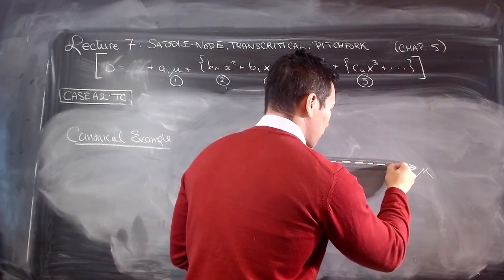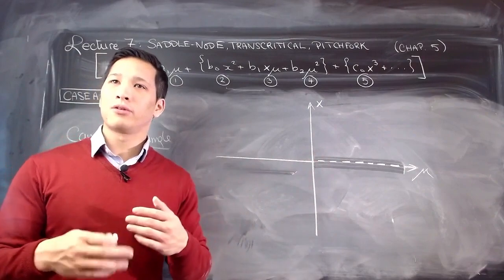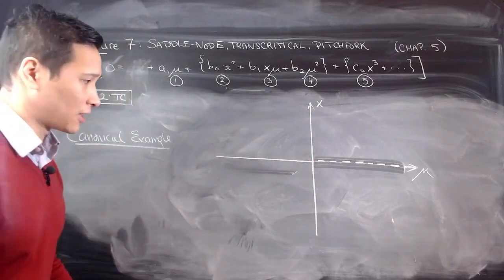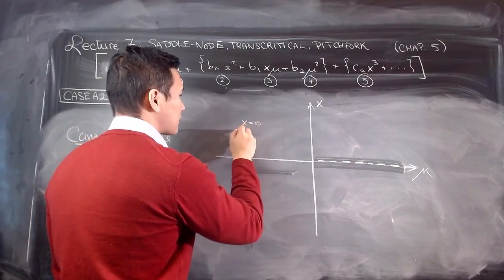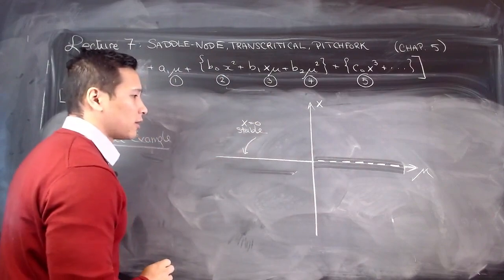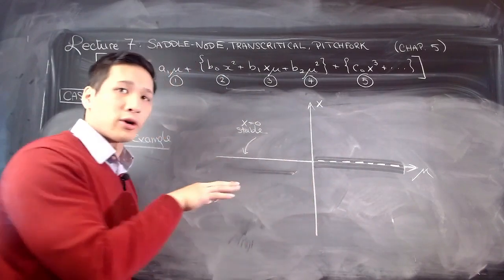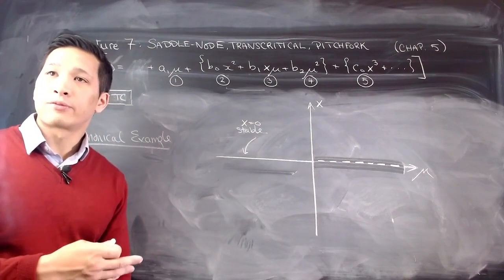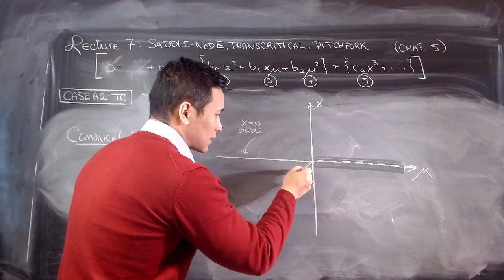When you do it yourself on a homework, make sure that it's clear that you're actually drawing on the axis. You can do it in a different color if you like. So x equal to 0 is stable here, and then the stability changes as I cross the origin. On the other hand, I know that when mu is less than 0, the fixed point is negative. It's when x is equal to mu, right? So it's on this region here, and I know it's unstable on that side.